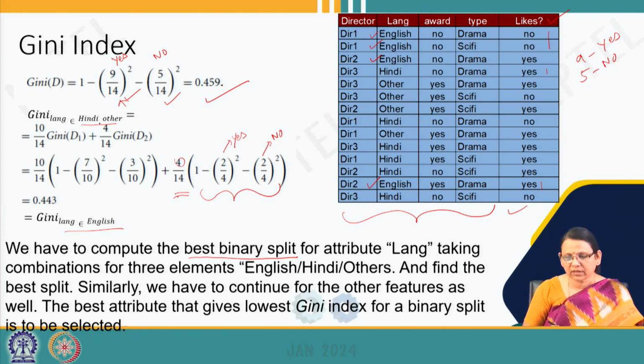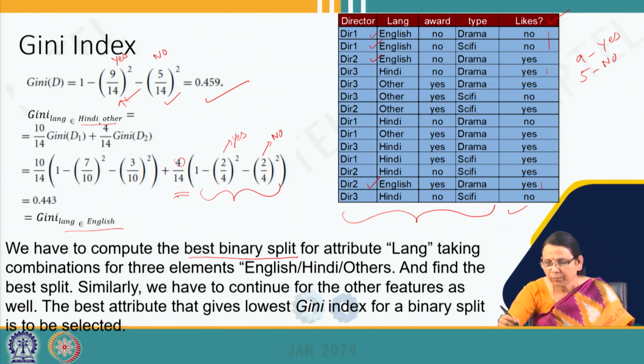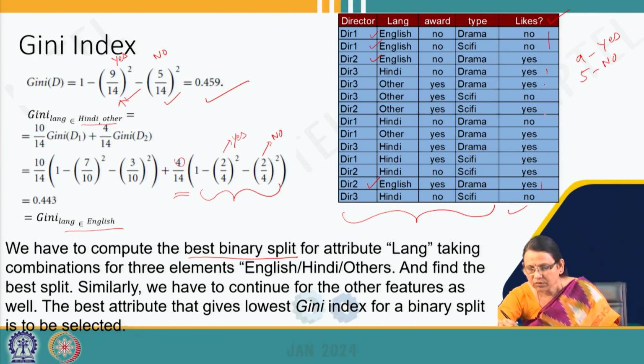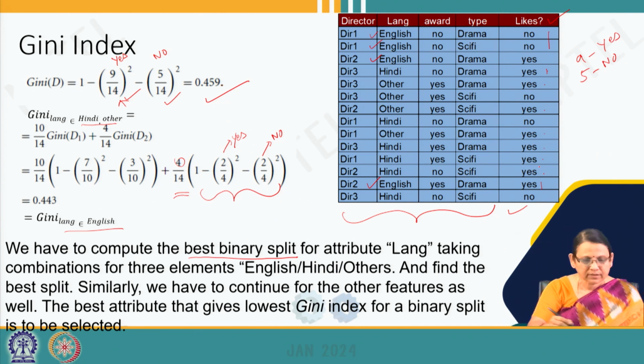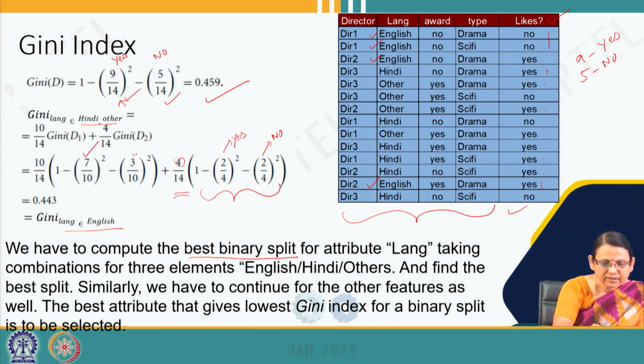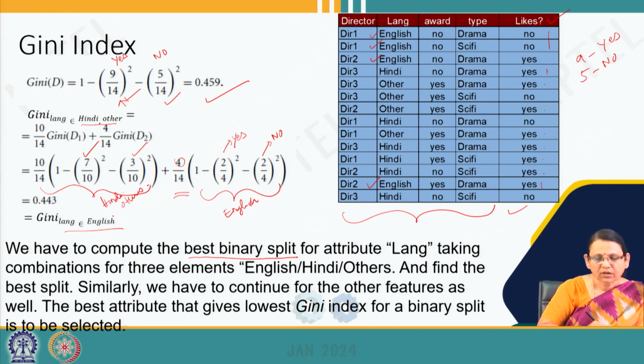Now, coming to the other partition which takes together Hindi and others, how many yes? 1, 2, 3, 4, 5, 6, 7. So, 7 yes and 3 no. This is taking English on one side and Hindi and others on the other side. So, the total for this particular partition turns out to be this value.